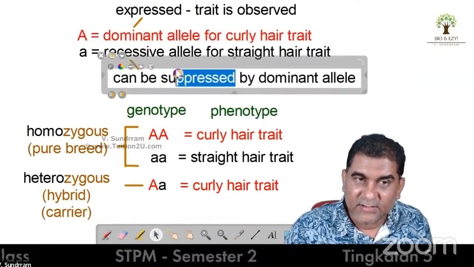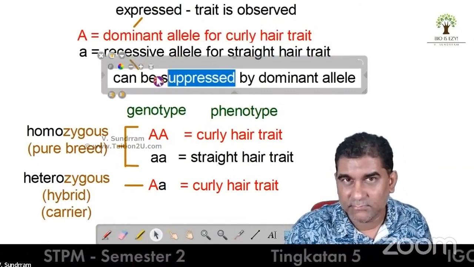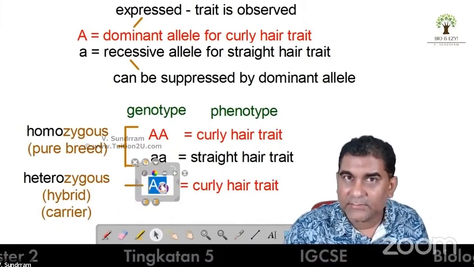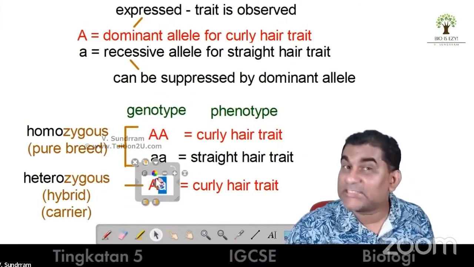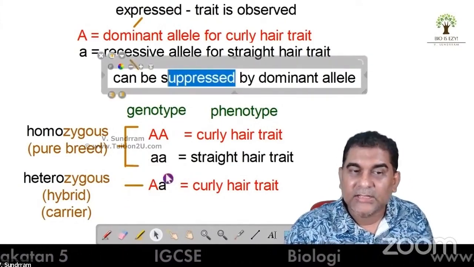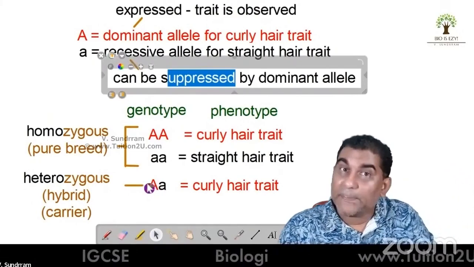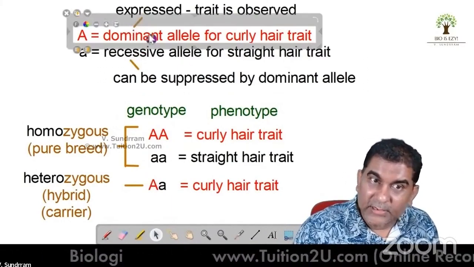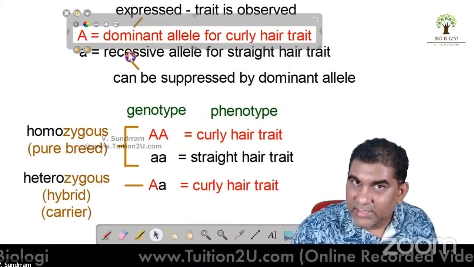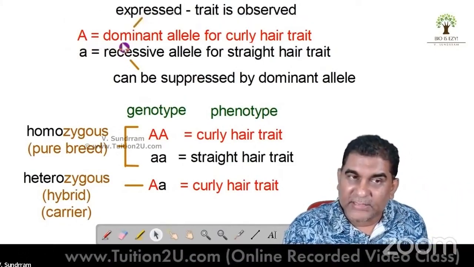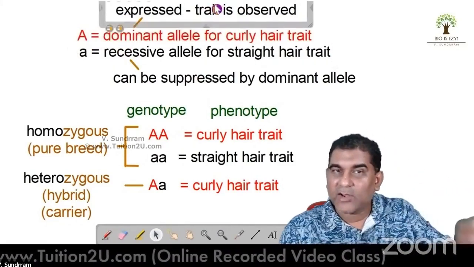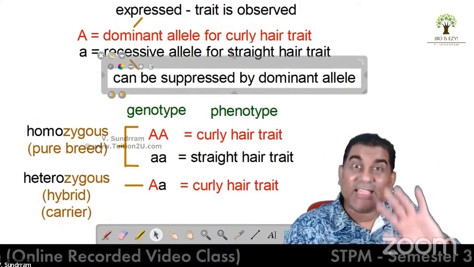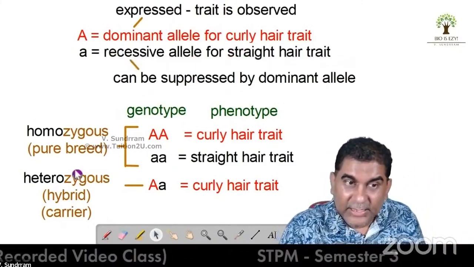The recessive allele cannot function. That is why here you see capital A, small a. That person has small a, but this small a allele is suppressed by the capital A allele, because the capital A allele is the dominant allele. Whatever is controlled by the recessive allele, the trait cannot be observed if heterozygous.